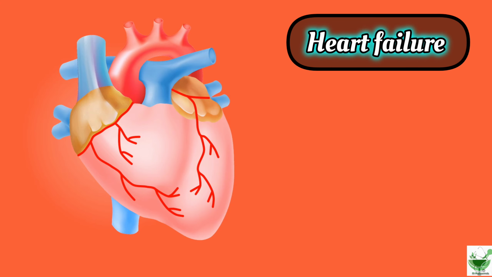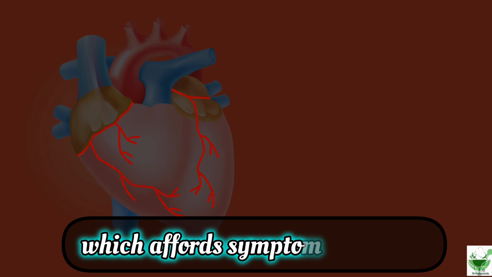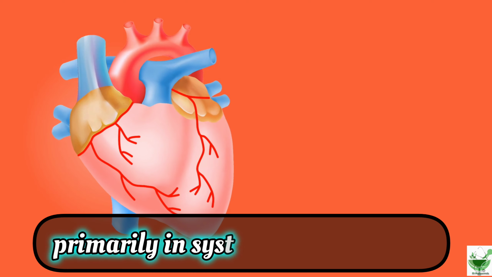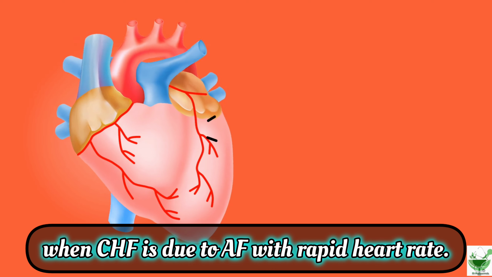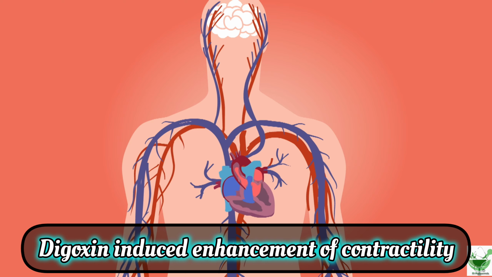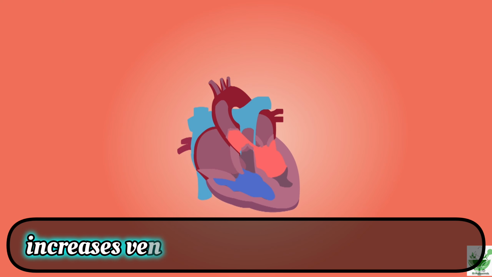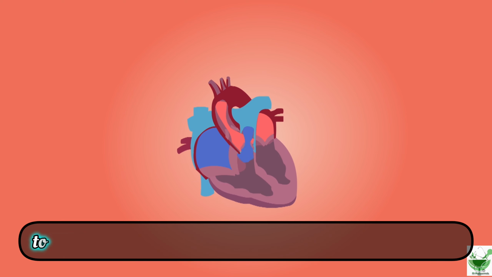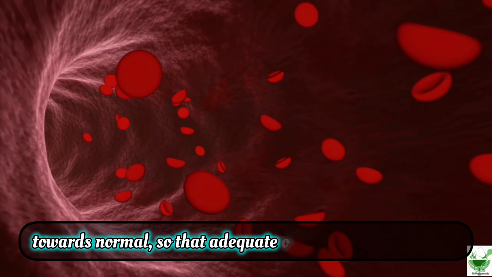In heart failure, digoxin is a positive inotropic drug which affords symptomatic relief primarily in systolic dysfunction or when congestive heart failure is due to atrial fibrillation with a rapid heart rate. Digoxin induced enhancement of contractility increases ventricular ejection and shifts the curve relating stroke output to filling pressure towards normal so that adequate output may be obtained.